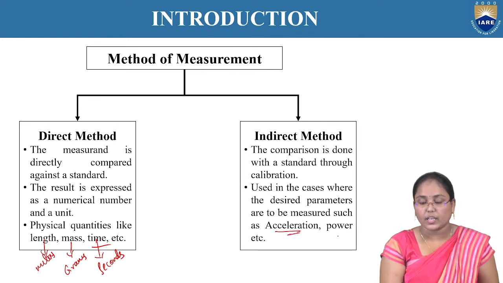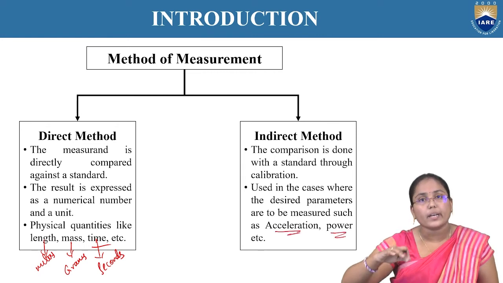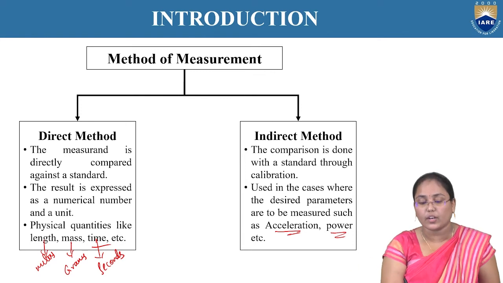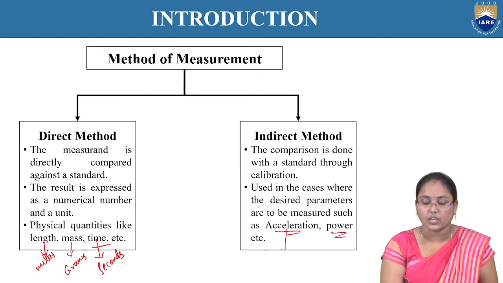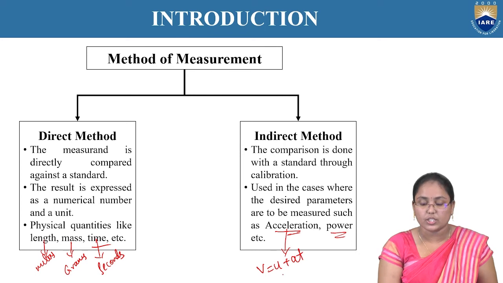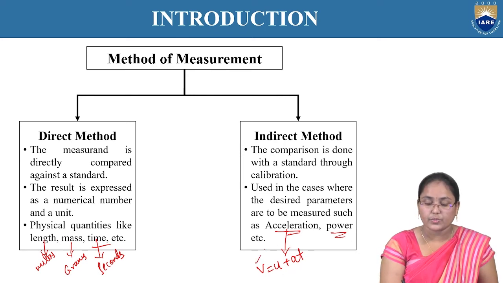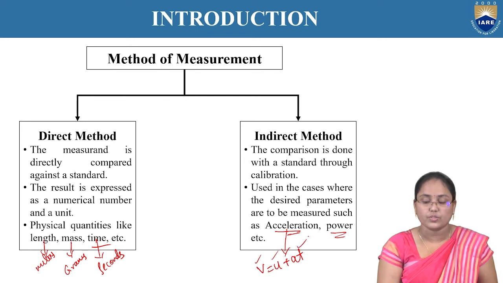Whereas here, acceleration and power are dependent on other terms, so we are not going to measure acceleration directly. We measure with respect to v = u + at: final velocity equals initial velocity plus acceleration into time. By substituting different velocity and time values, we can find the acceleration value.